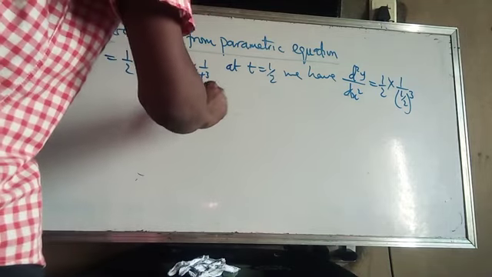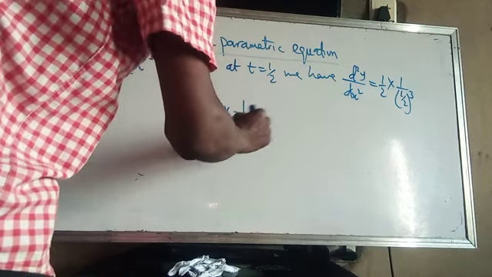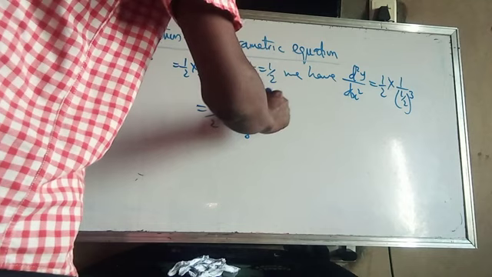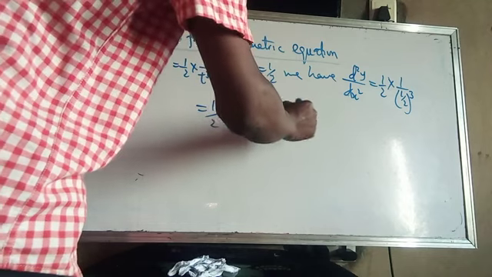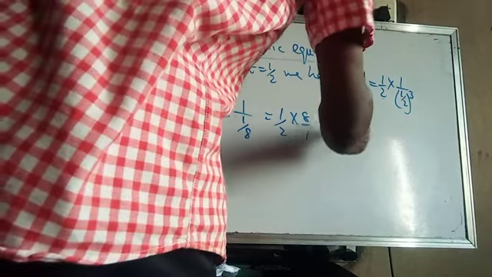So that will be half times 1 over 1/8. It's half times 8 over 1, because that will be 4.